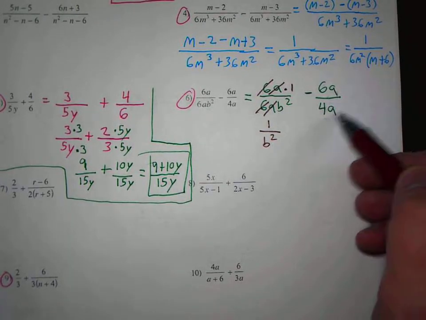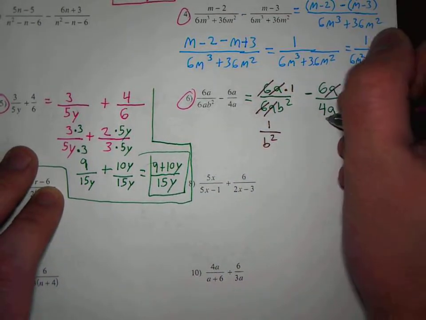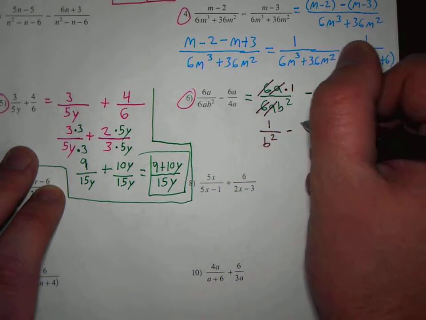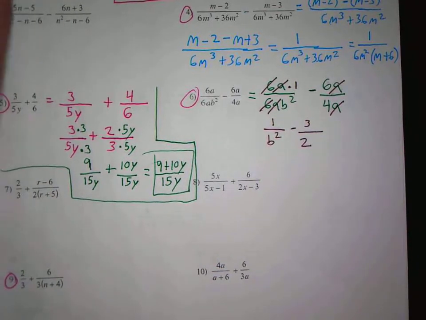What about here? Cross off the a's. 6 over 4 reduce? 3 over 2? Okay. And now b squared and 2, do they have anything in common? One's variables, one's numbers. Of course not.